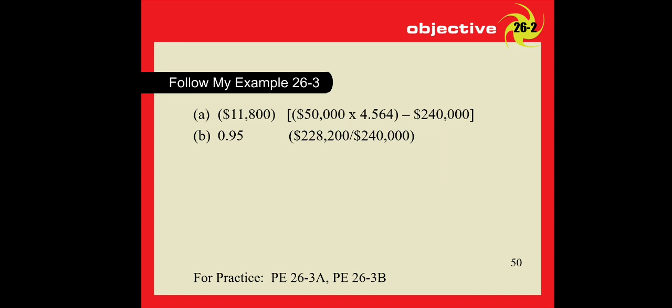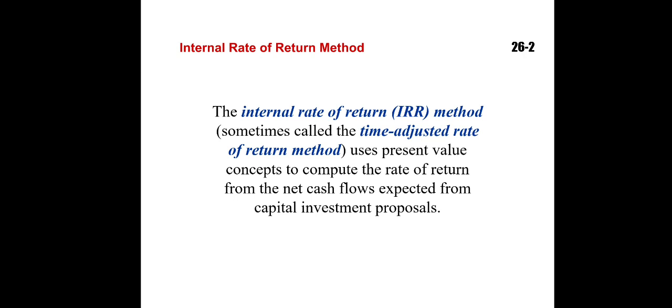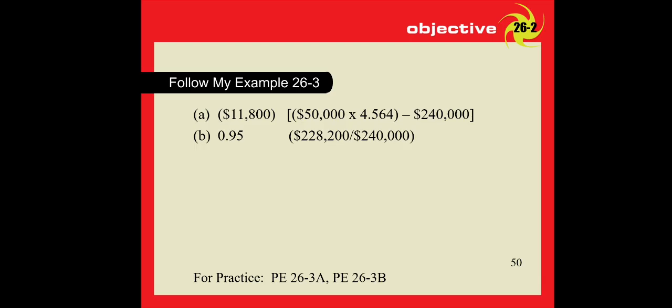The initial outflow is 240,000. The net present value is negative 11,800. So you will get 228,200. So the present value index is 0.95. So when you see that, you know that the investment is not a good investment because the present value index is less than 1 and the net present value is also negative.